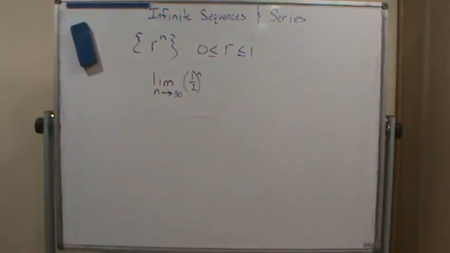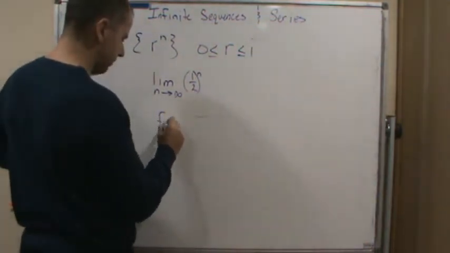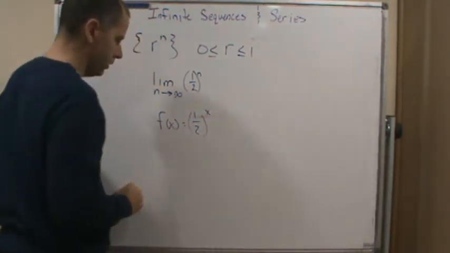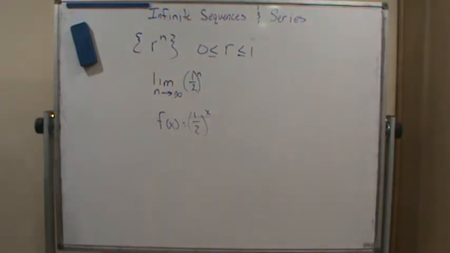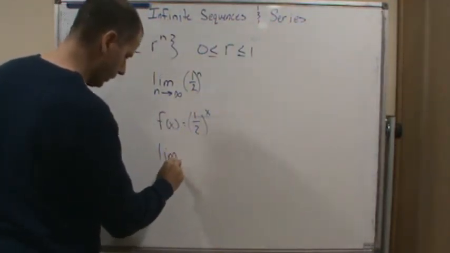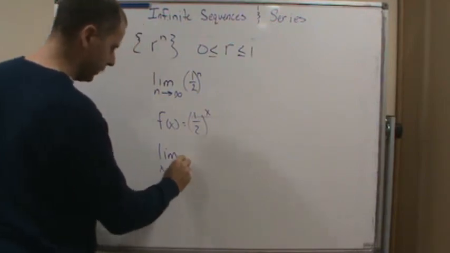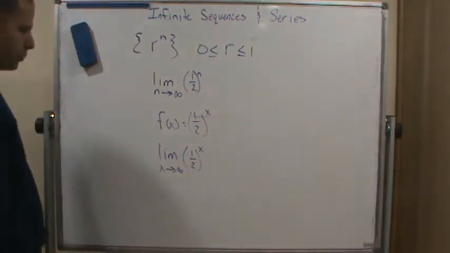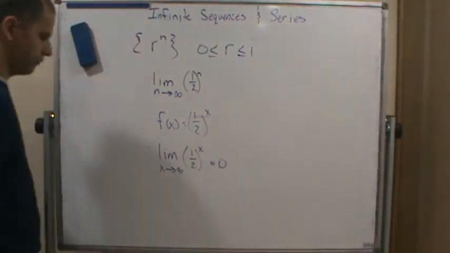If we take f of x equal to 1/2 to the x power, the limit as x approaches infinity of 1/2 to the x power equals 0.